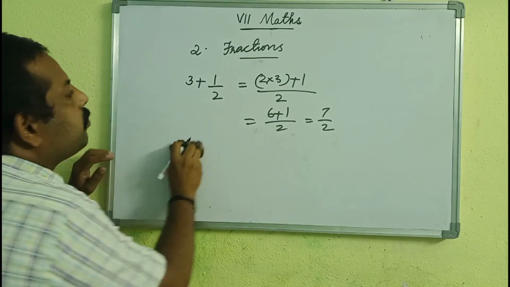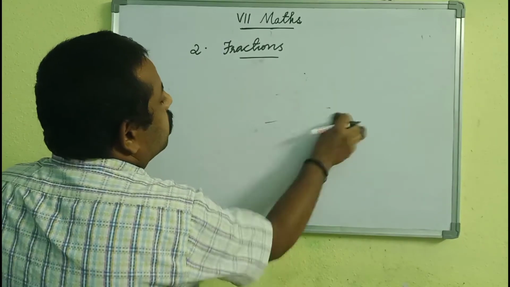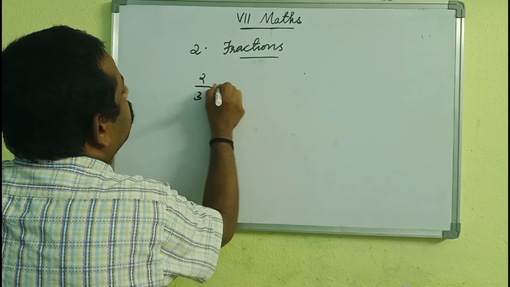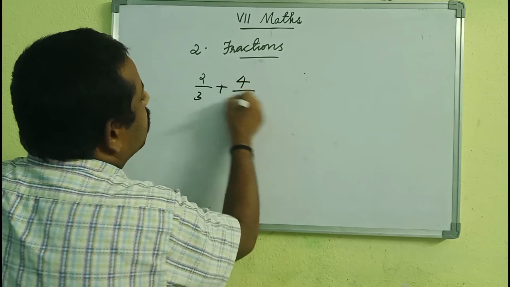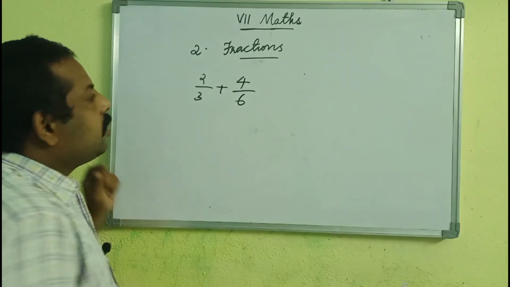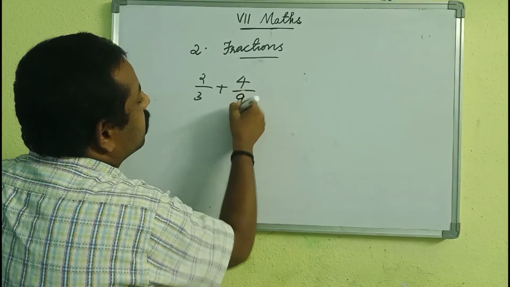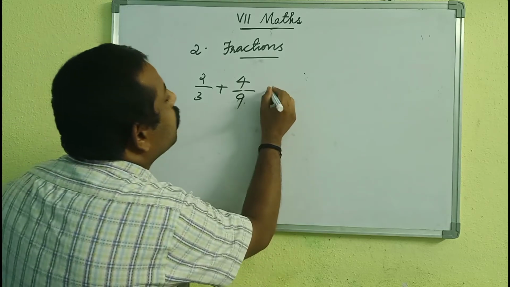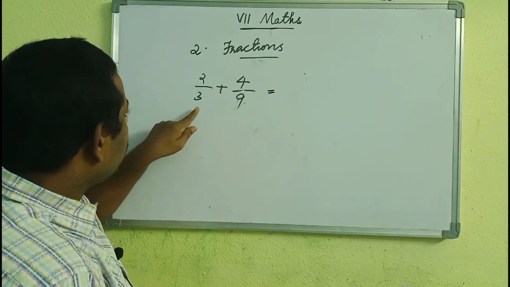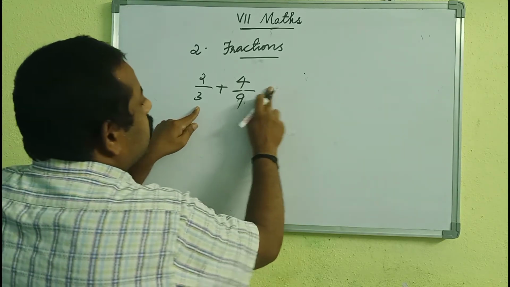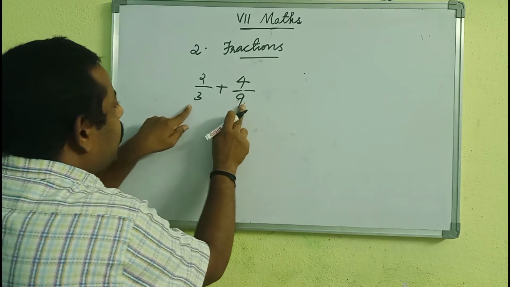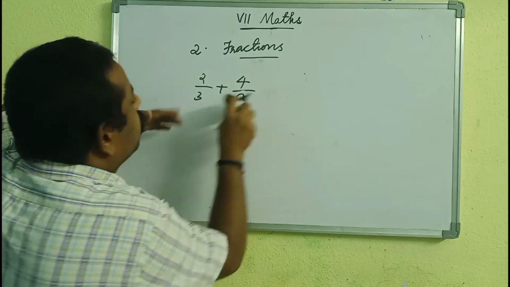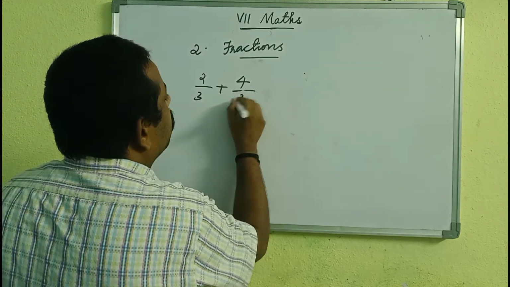Now, if 2 by 3 plus 4 by 9, how will you solve it? Here you know that 3 and 9 are different. Before this, I'll write another problem.